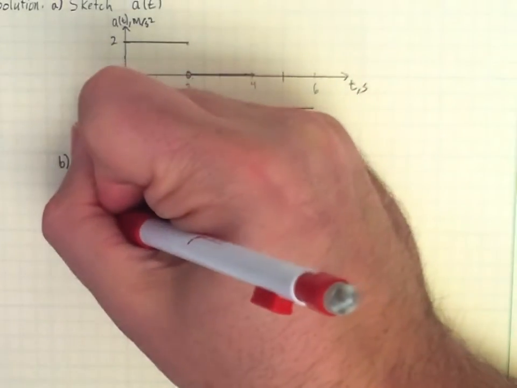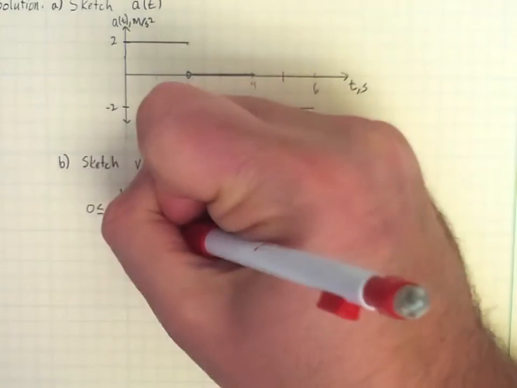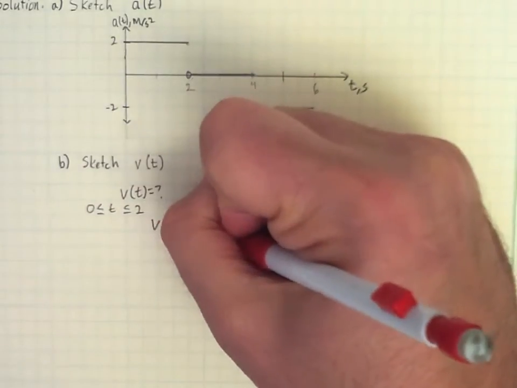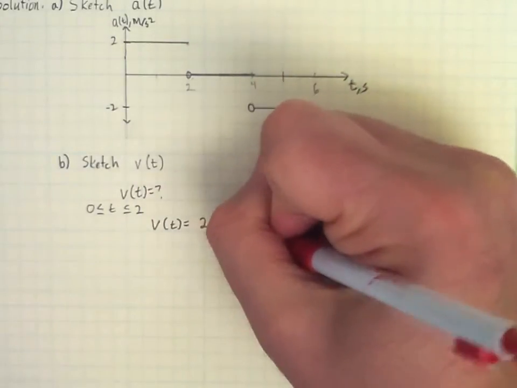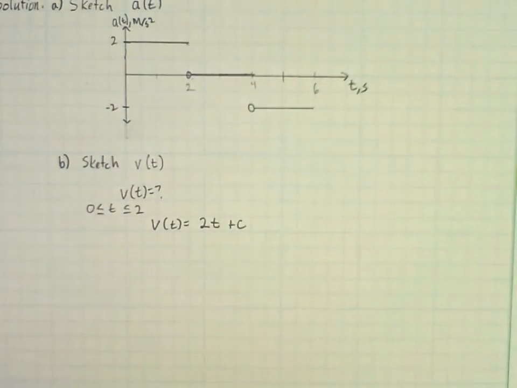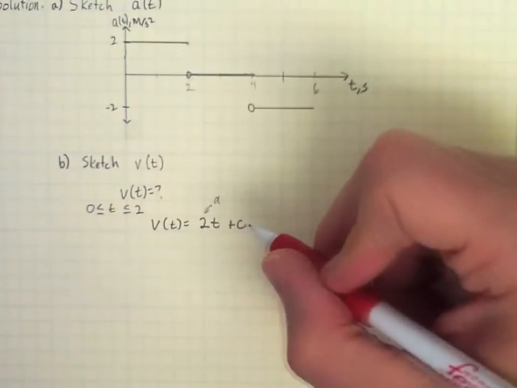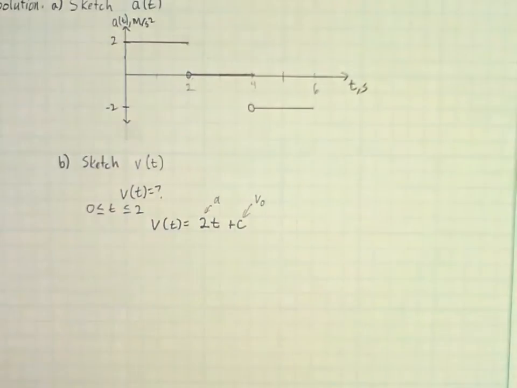So from 0 to 2, v of t is going to be that slope times t plus some number. Where that slope is our acceleration, and this number is actually going to be our initial velocity. So what is our initial velocity?